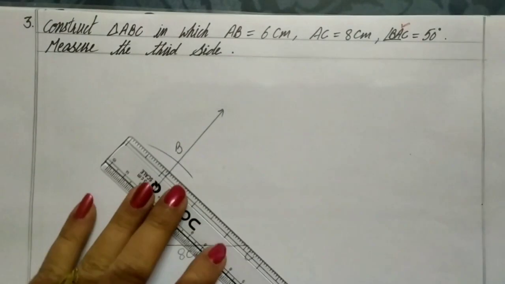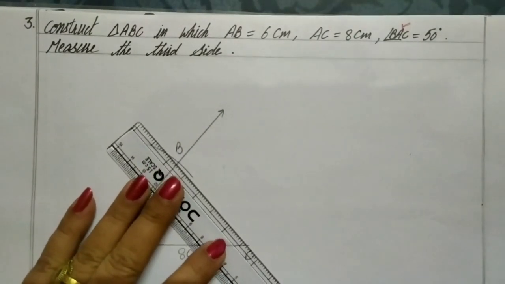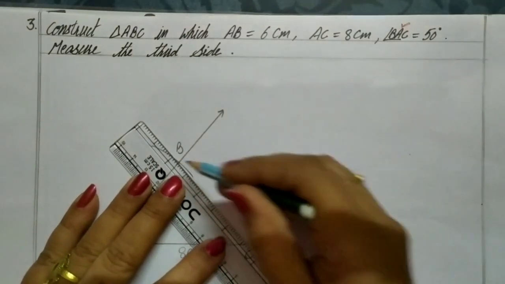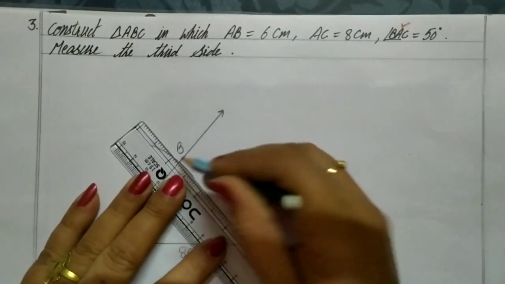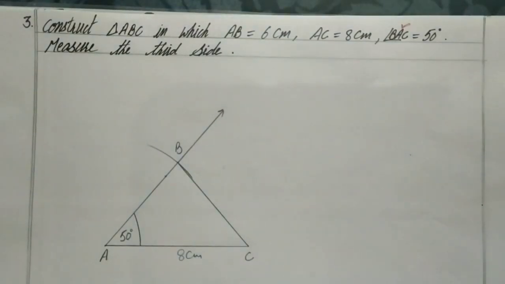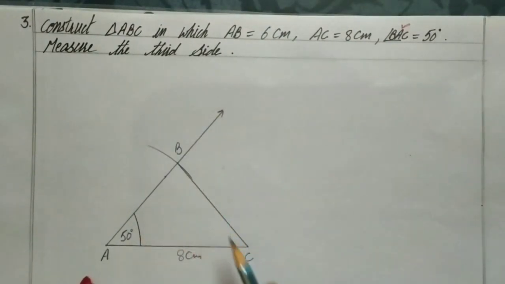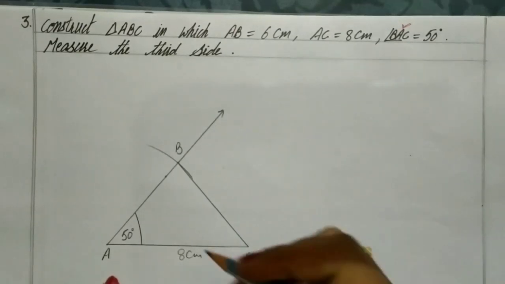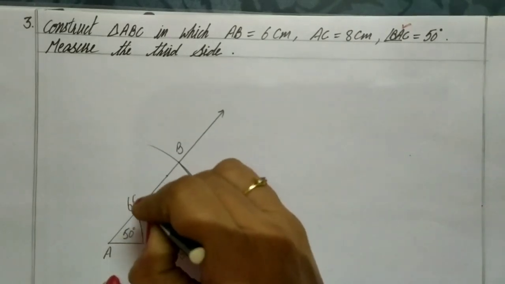Now join B and C to get the required triangle. So this is the required triangle ABC, in which angle A is 50 degree and the two sides AC is 8 centimeter and AB is 6 centimeter.